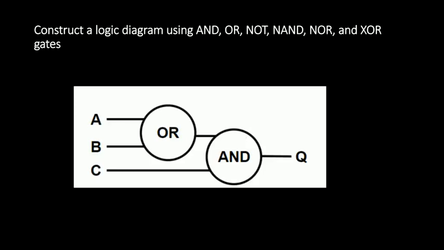So constructing logic diagrams using these types of gates depends on the specific scenario, but just as an example, we have this logic diagram, and we can assume that Q represents whether we will be going out that day to the shops or not, A can represent whether one shop is open, B can represent whether another shop is open, and C can represent whether or not it is raining that day.